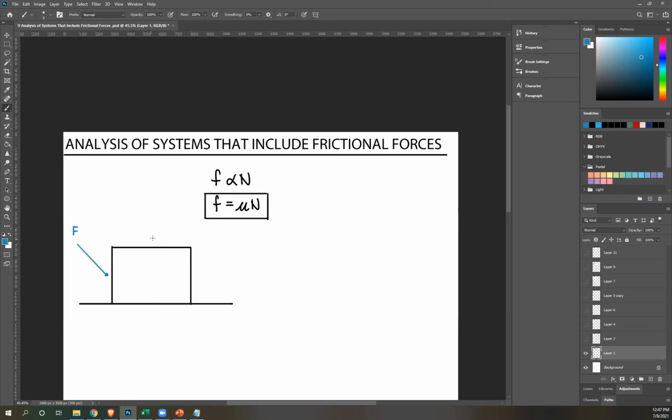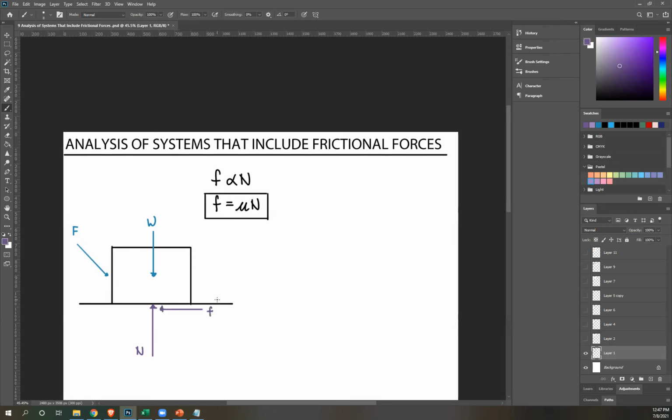This has a weight. Whenever two objects are in contact, there's a normal force. This is your N. This force will make your object move to the right. So to oppose that, we have frictional force.